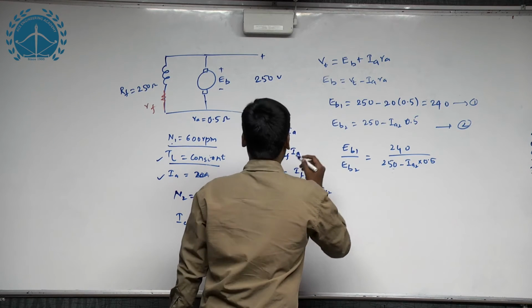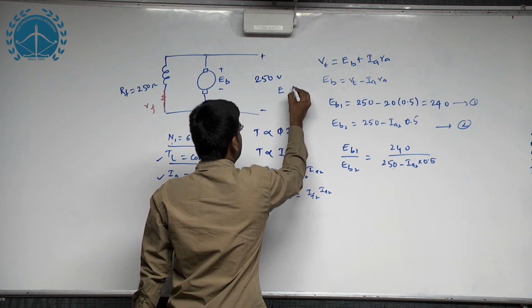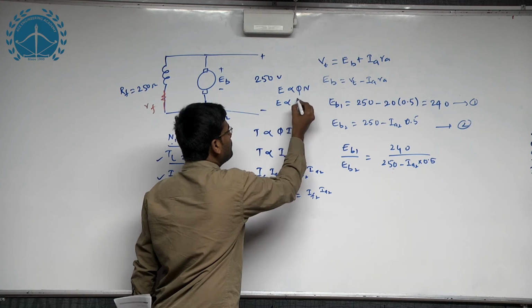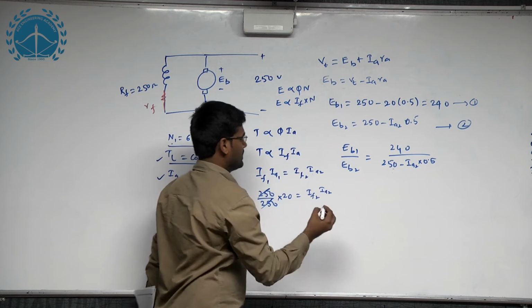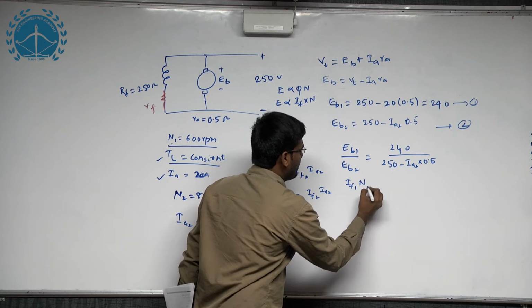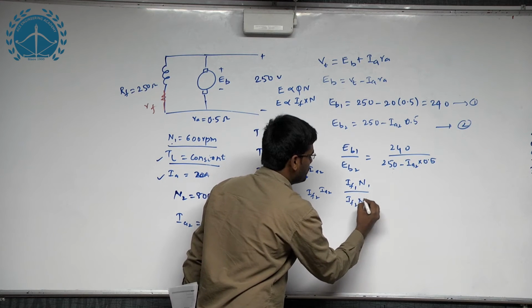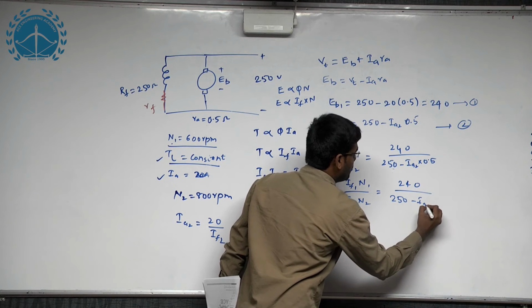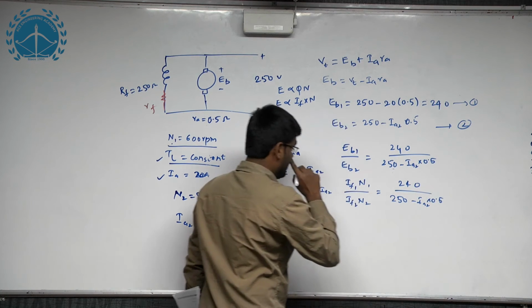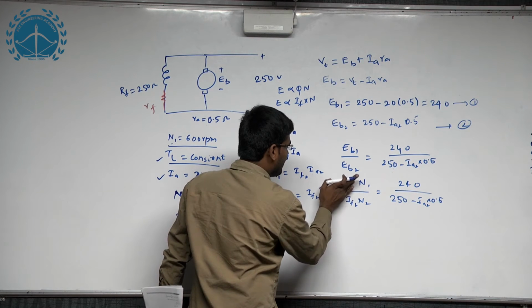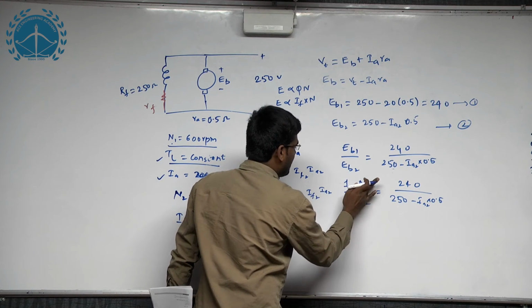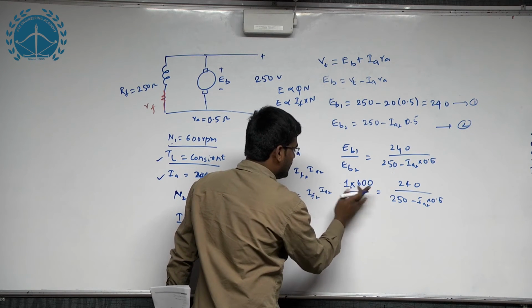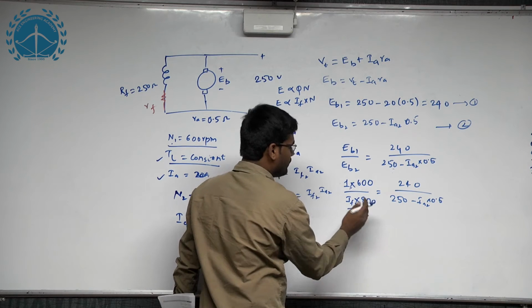We know that in a motor E is proportional to flux into N, that is, E is proportional to If into N. So If1 into N1 by If2 into N2 should be equal to 240 by 250 minus Ia2 into 0.5. Now what is If1? If1 is already calculated, that comes out to be 1, and N1 is 600 rpm and N2 is 800 rpm. Since we want If2, let it be If2.